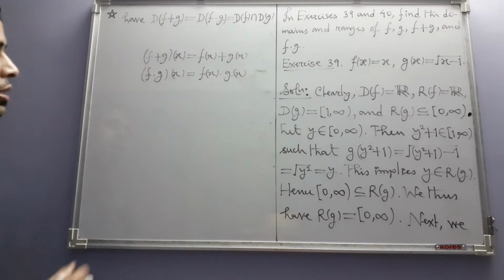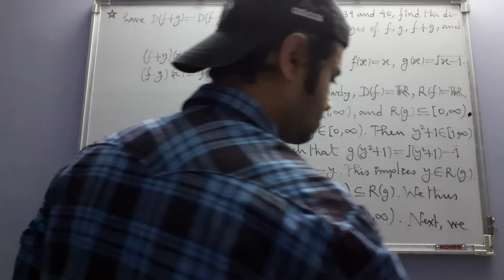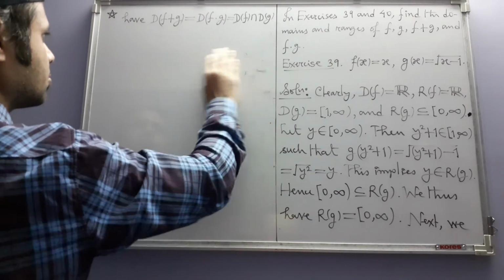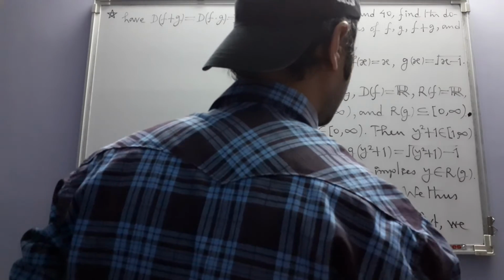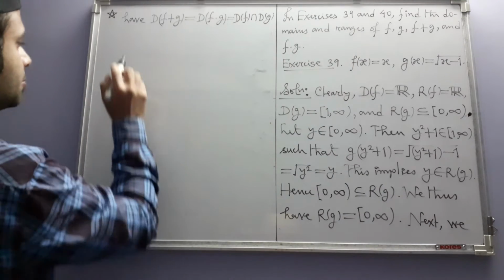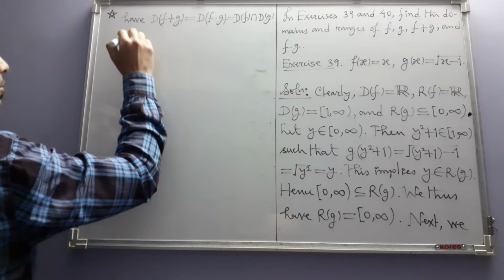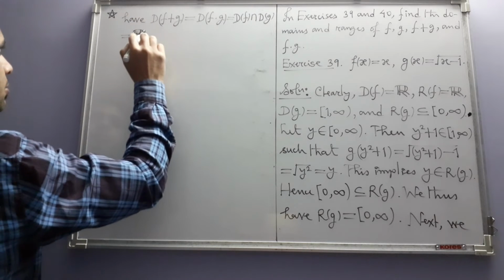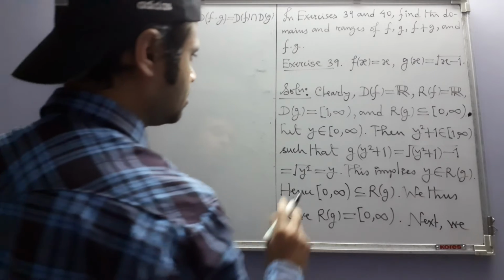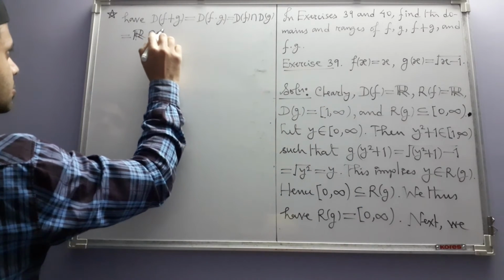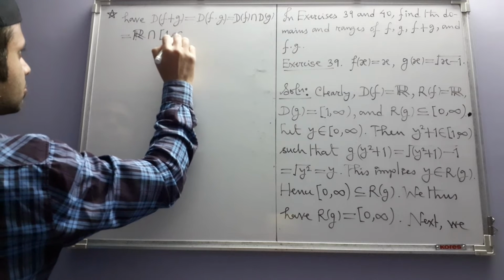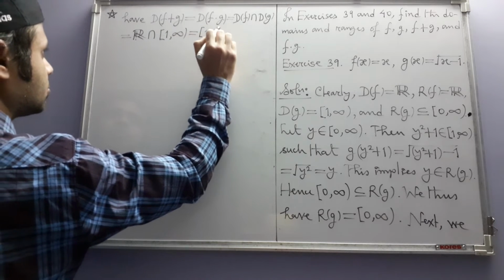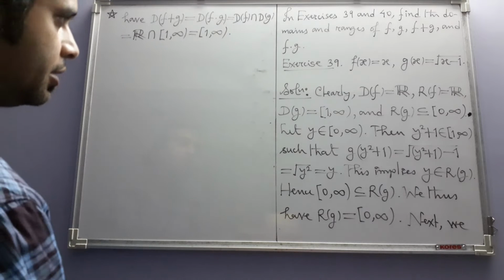So both the domains are this intersection. One of them is the domain of f, which is R, the larger one, and the domain of G is this. So the intersection is 1 comma infinity.